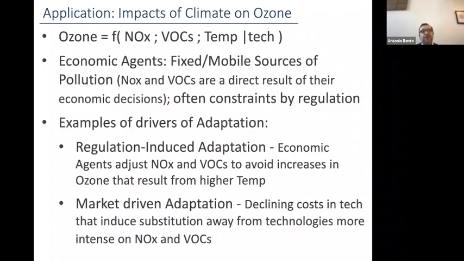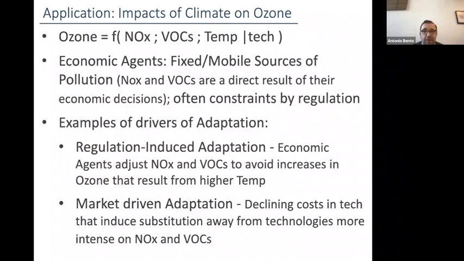To that extent, you could argue that if economic agents and regulators are recognizing this process, you actually end up getting changes in ozone that are a result of direct economic activities.